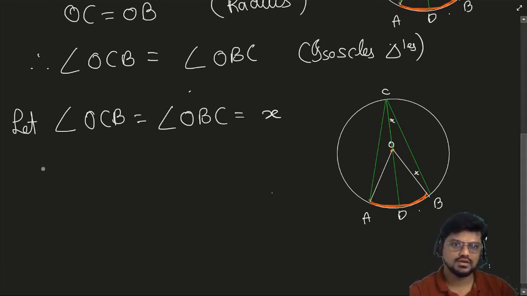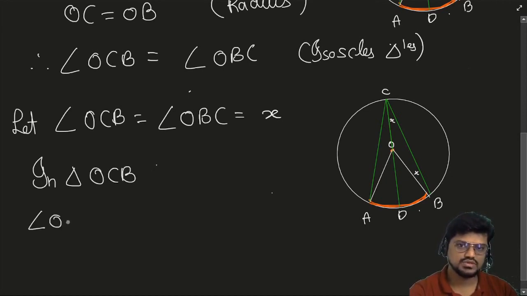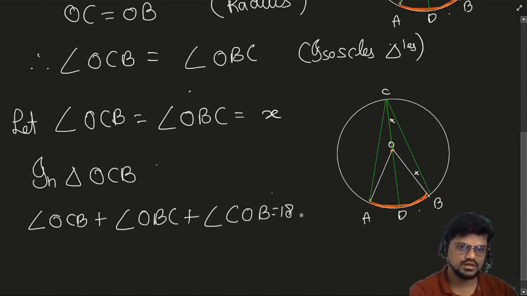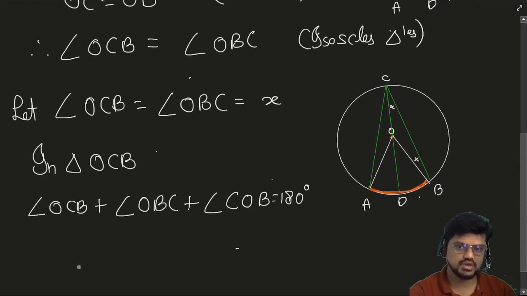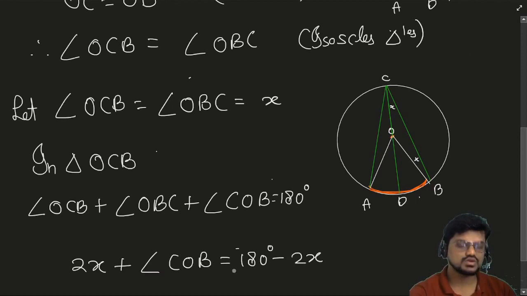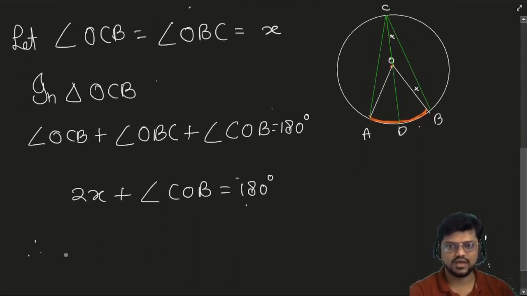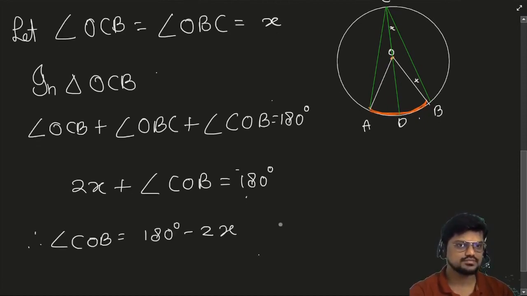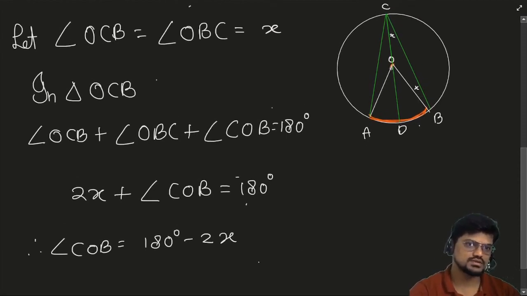Now I know that in triangle OCB, angle OCB plus angle OBC plus angle COB is equal to 180 degrees. Since both of them are the same, I can write 2x plus angle COB equals 180 degrees. Therefore angle COB will be 180 degrees minus 2x. Yeah, angle COB is 180 minus 2x.